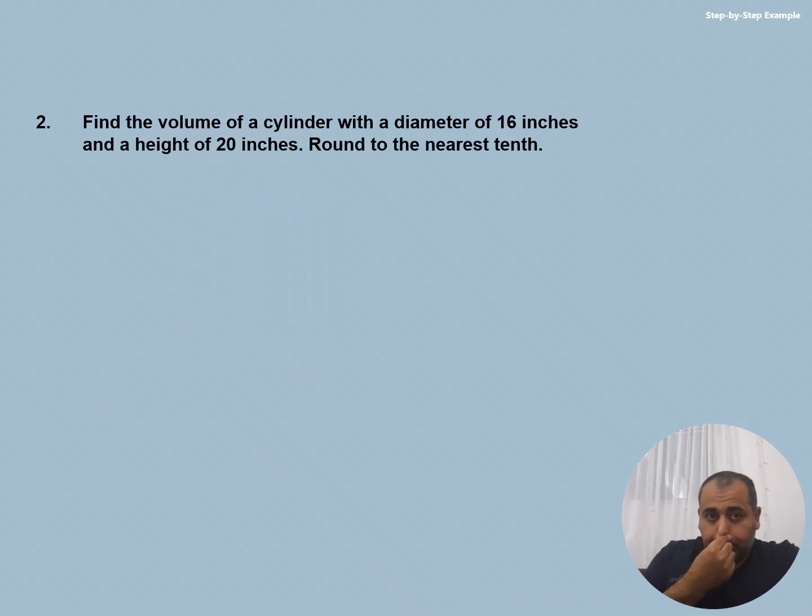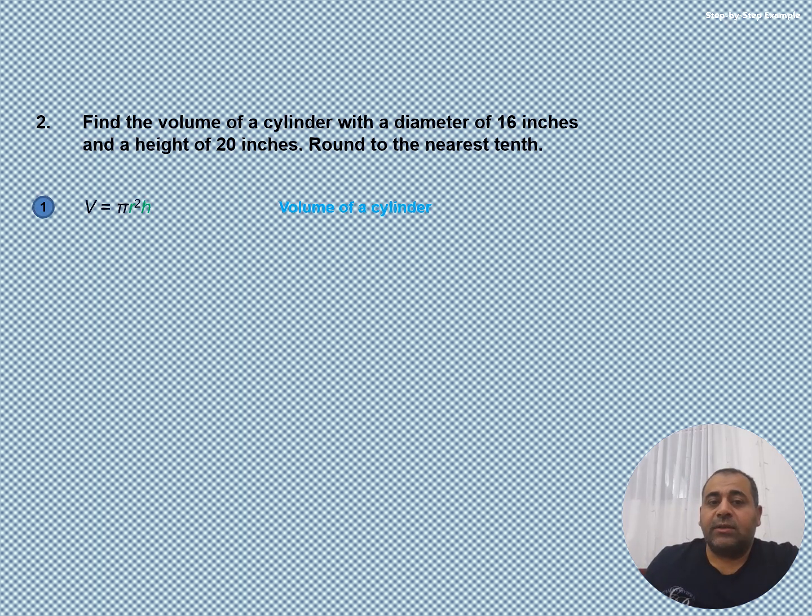Okay. Find the volume of a cylinder with a diameter of 16 inches and a height of 20 inches, rounded to the nearest tenth. So am I using the radius or the diameter? The diameter is 16, so I divide by 2, and the radius is 8.